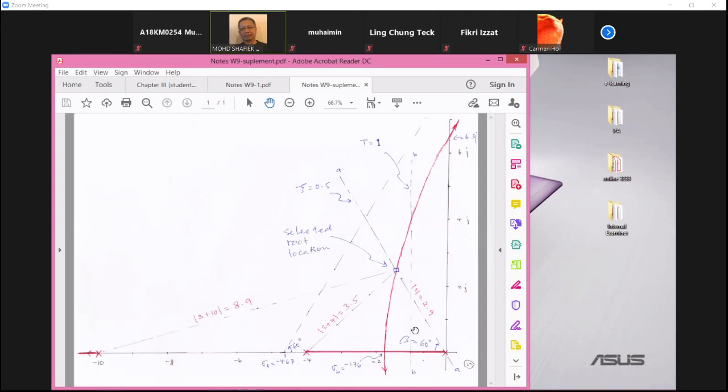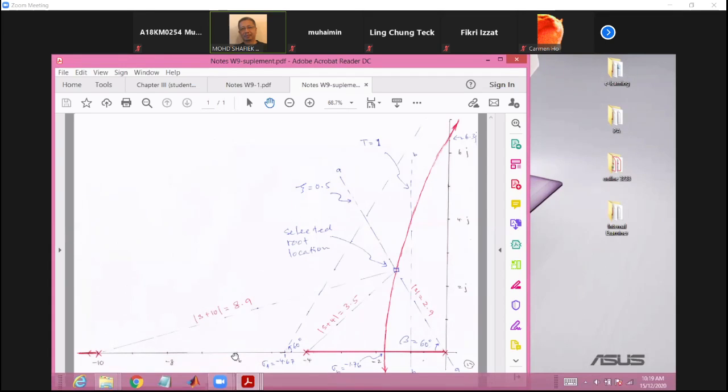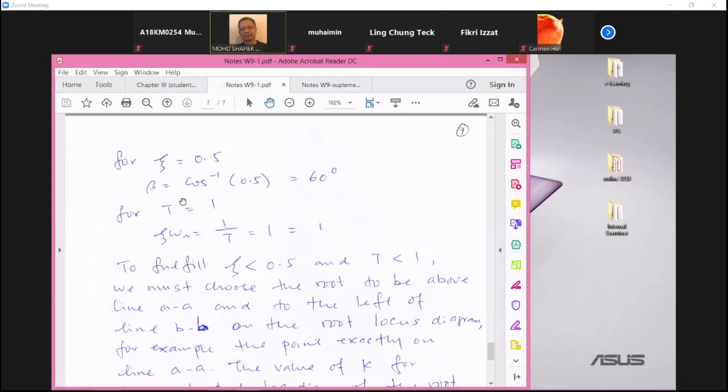If the angle beta falls below 60 degrees, your damping ratio is going to increase. So you want the root to be located above this AA line. Anything above this AA line, this blue line from the origin at a 60-degree angle, any point above this line is going to satisfy the requirement that the damping ratio must be less than 0.5.